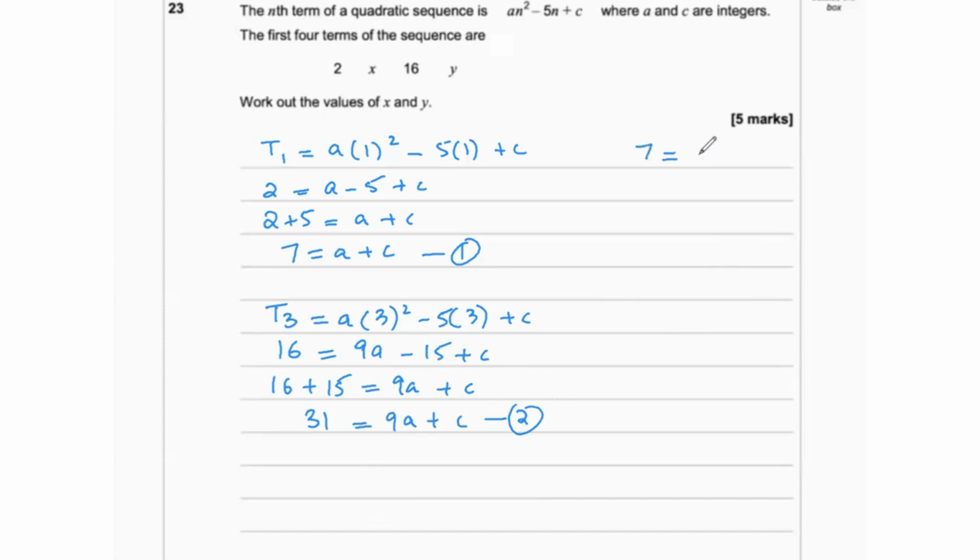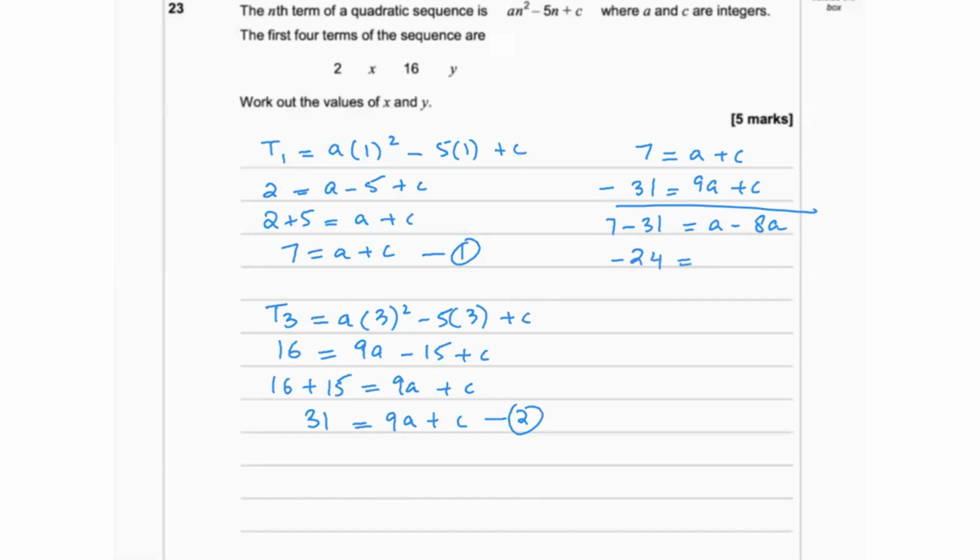So 7 equals a plus c. 31 equals 9a plus c. Subtract the two equations, and that would eliminate c. So 7 minus 31 equals a minus 9a. 7 minus 31 is negative 24.